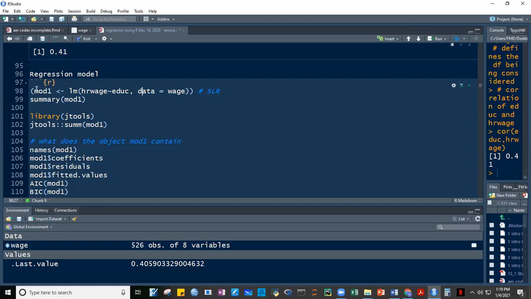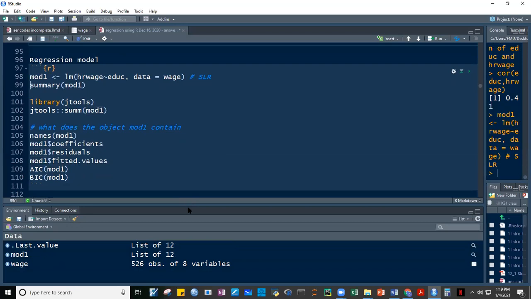Okay, we said that putting a parenthesis here will automatically generate the basic results. Pag hindi natin lalagyan ng parenthesis, open and close, for example, this one, tinanggal ko guys yung parenthesis, ano mangyayari dito? If I run this simple linear regression, hindi automatic na lalabas yung result.